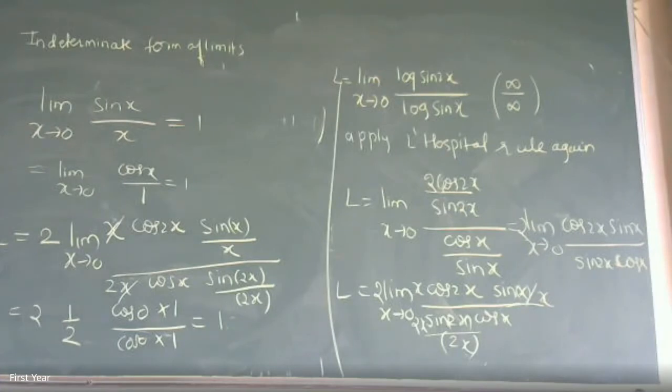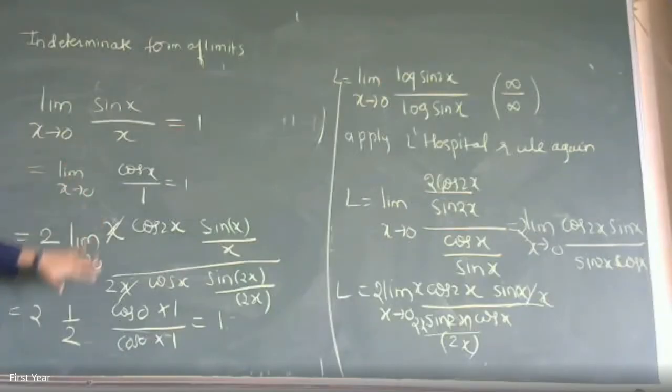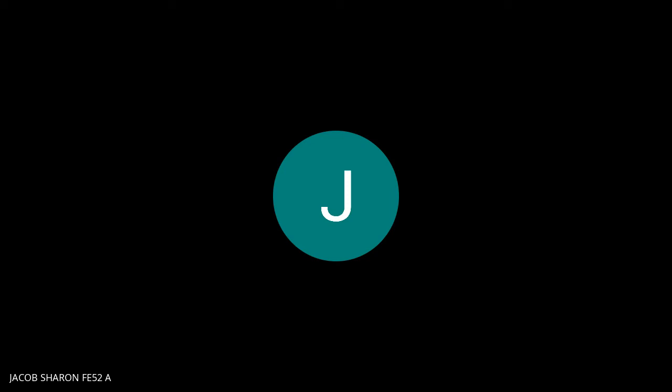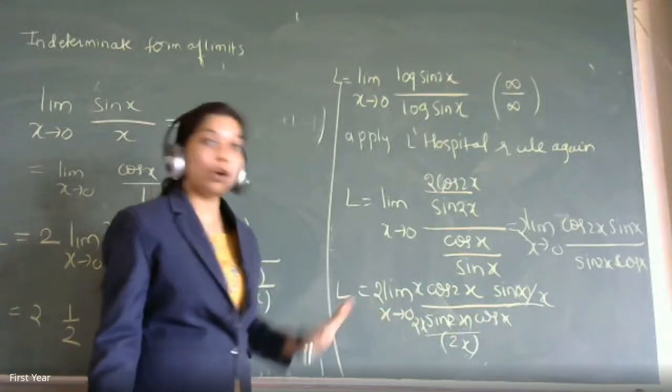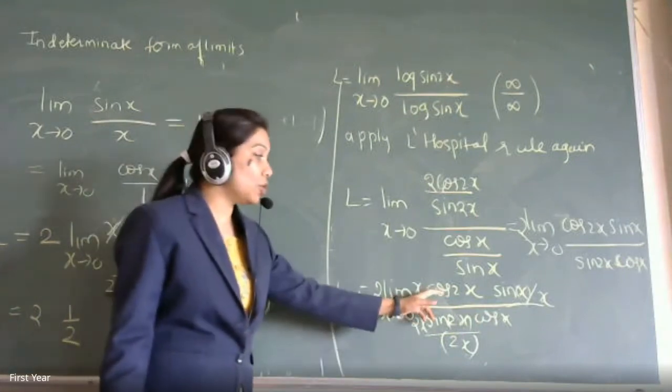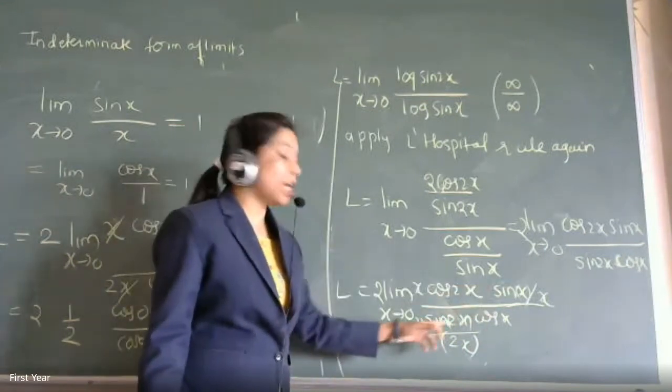Anybody else has any other doubt? Please ask. Can you repeat this left hand side part? Okay, just see. In this question we had cos 2x, cos x. When I put x equal to 0, I am not getting any problem because cos 0 is 1, cos 0 is 1. Who is making the problem? Sin x, sin 2x.